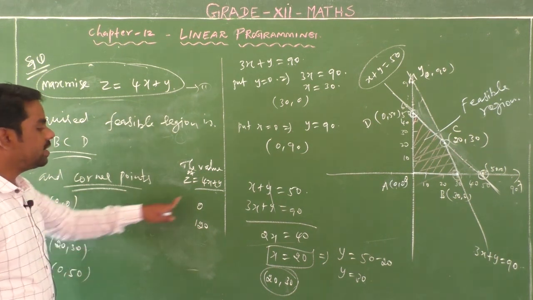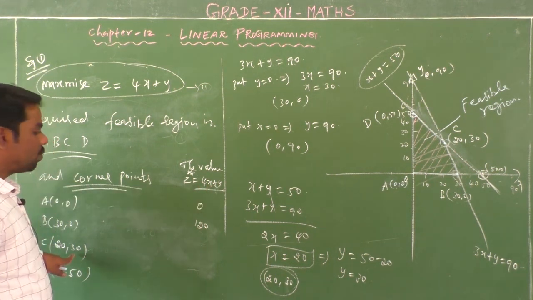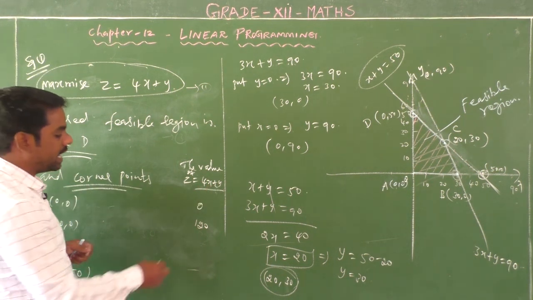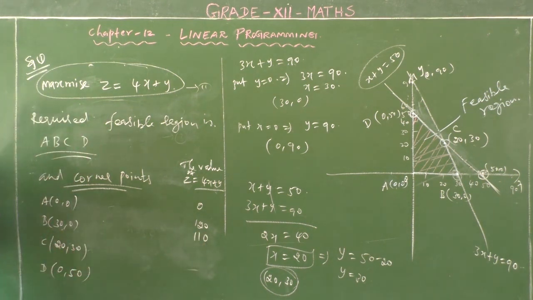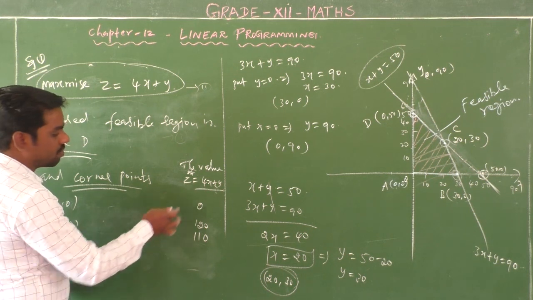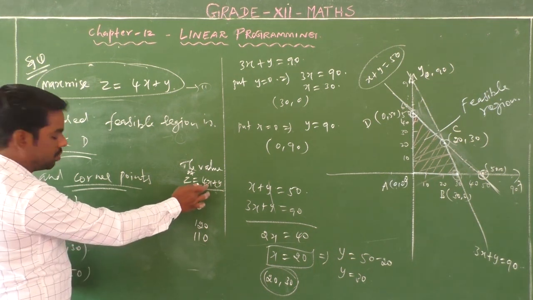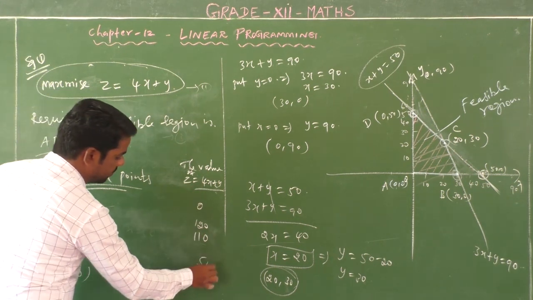So 4 into 20 is 80 plus 30 is 110. Next, the last point D, 0 comma 50. So 4 into 0 is 0 plus 50 is 50.